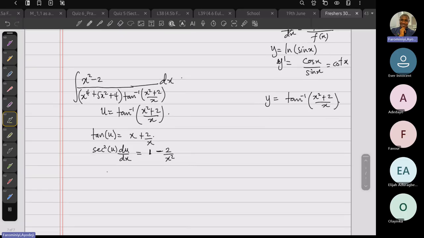Then it means that du dx is equal to 1 over sec squared u times (x squared minus 2) over x squared.